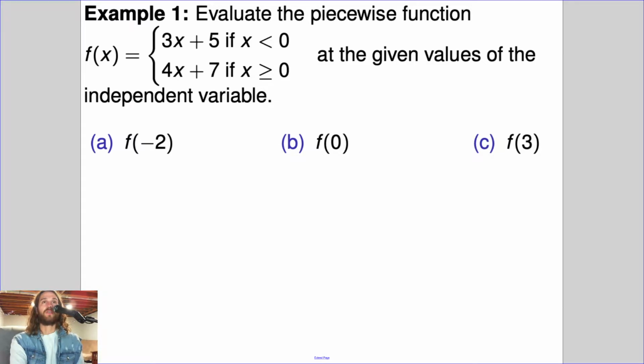Now, if you're just plugging in numbers, all you have to do is take the x value. In this case, remember our function is f of x, and x is -2. We're plugging in -2. We got to figure out which part of the function it belongs to and then evaluate it at that part.